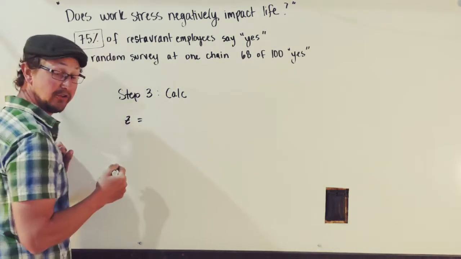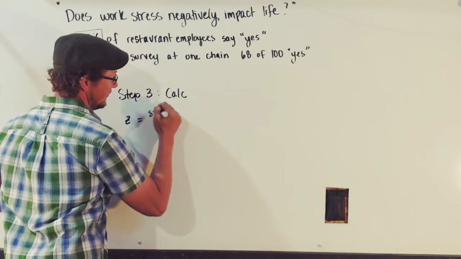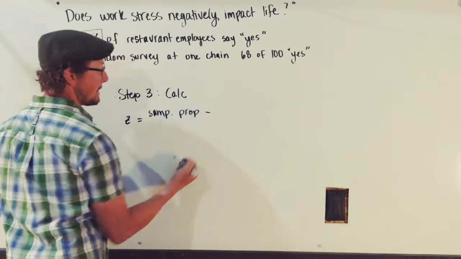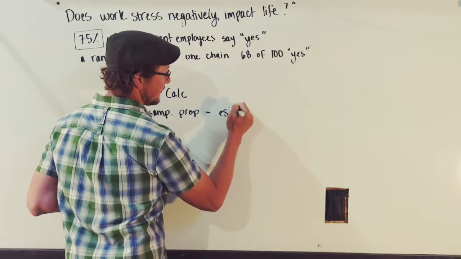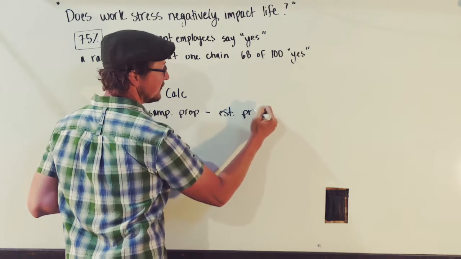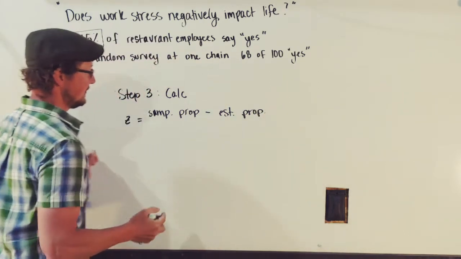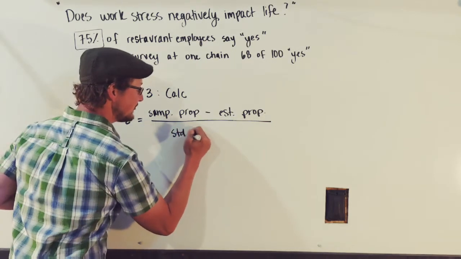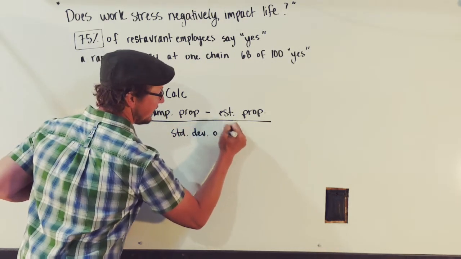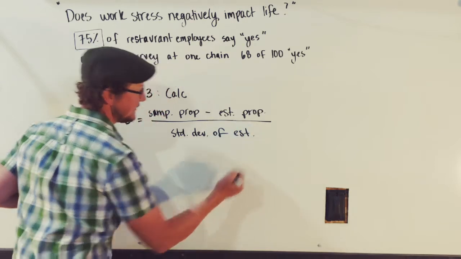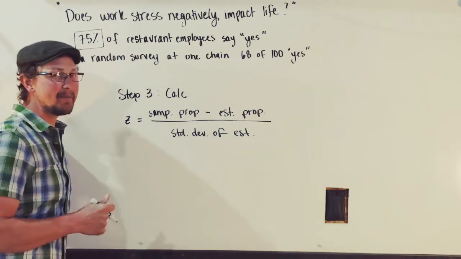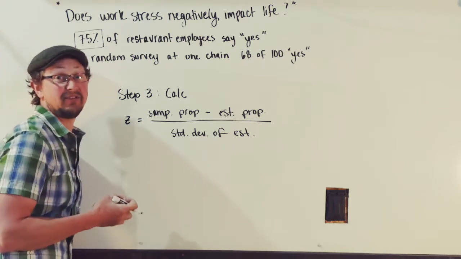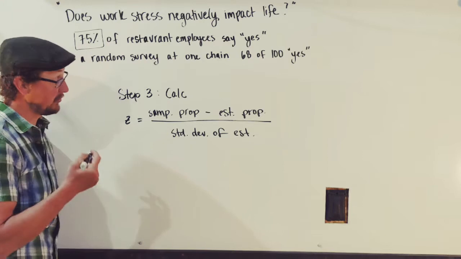Z is equal to the sample proportion minus the estimated proportion divided by the standard deviation of the estimate. All right, so that's really easy to say, but where does that come out when we're talking about our math symbols? Let's anchor it to something that we're used to.